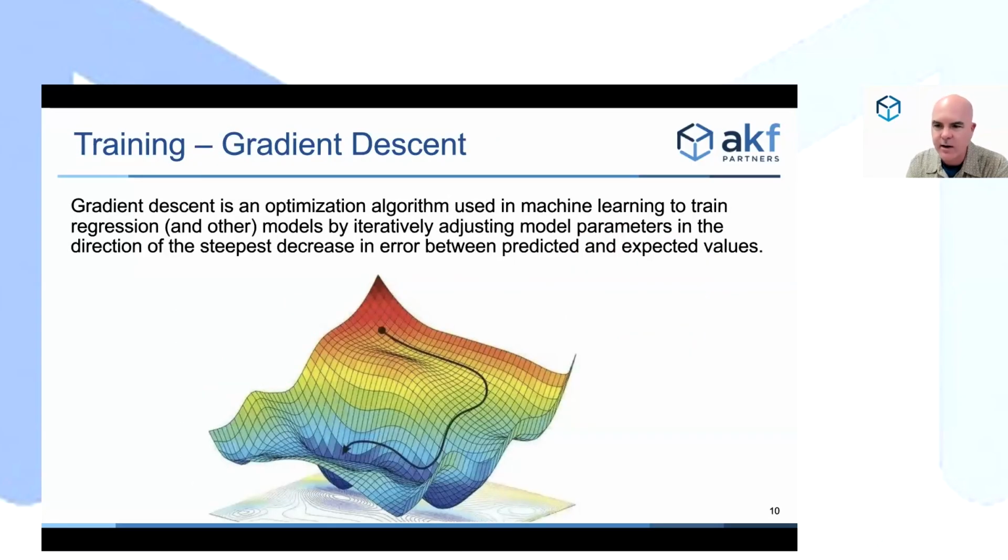The way we train it is something called gradient descent. And these are algorithms that you will not have to learn. There are plenty of tools to help you with this and people to help. But basically, we just pick a random spot and we keep walking downhill, trying to get our error lower and lower as we go down the model.